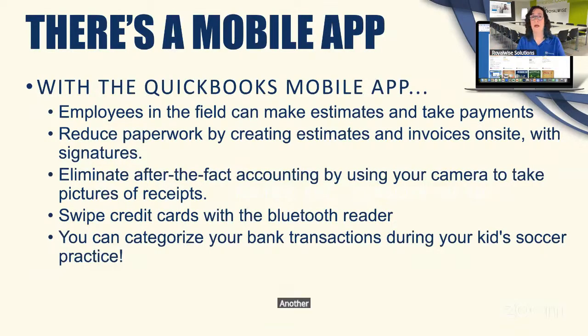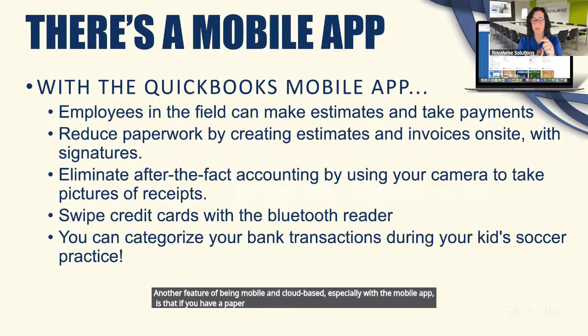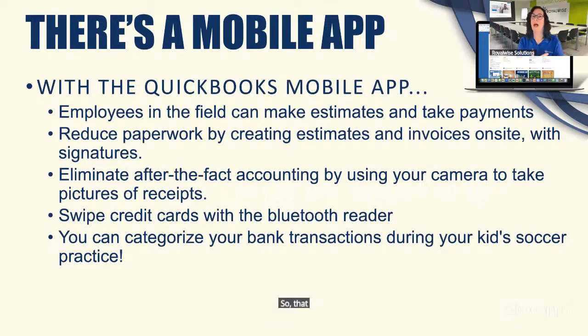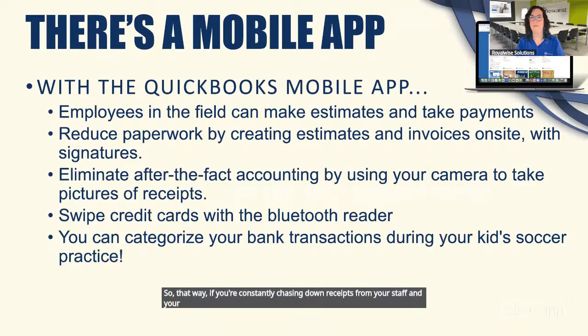Another feature of being mobile and cloud-based, especially with the mobile app, is that if you have a paper receipt, you can just take a picture of it with your phone, and that picture shows up inside your QuickBooks so that you can turn it into an expense or match it to the banking feed when the banking feed comes in. So if you're constantly chasing down receipts from your staff and your employees, you don't have to do that anymore.